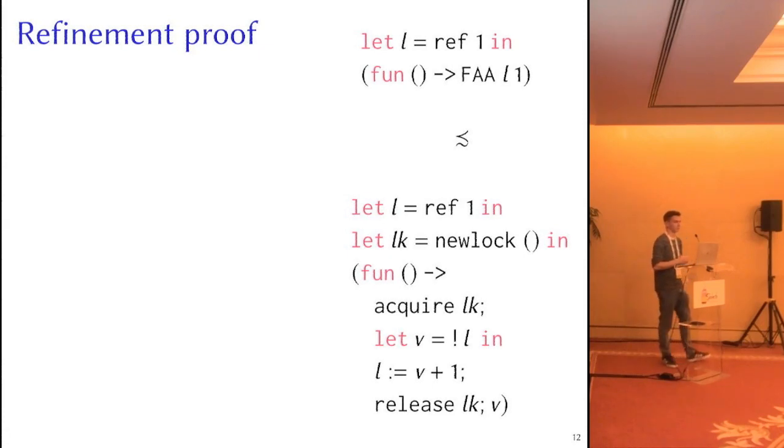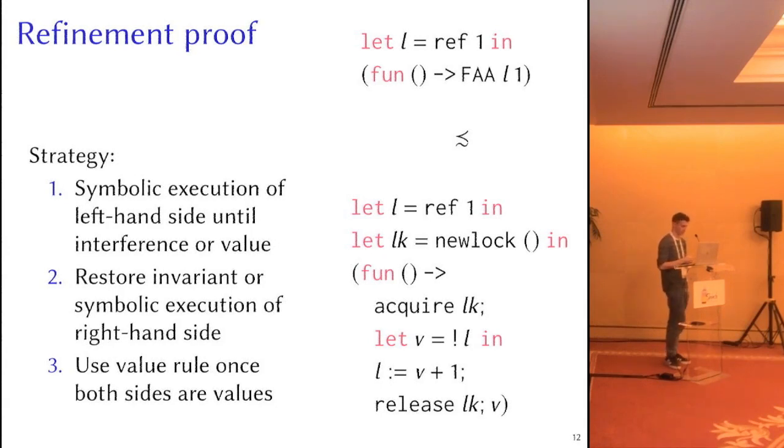Now we will apply our proof automation strategy, which boils down for this example to these steps. We do symbolic execution of the left-hand side, since these proofs proceed by symbolic execution, until there is interference from some concurrent thread or the expression is fully reduced to a value.